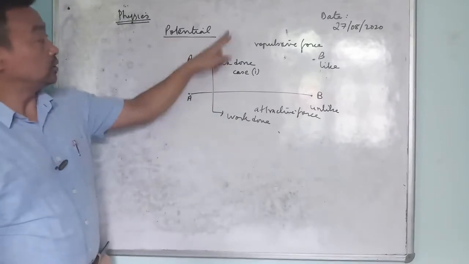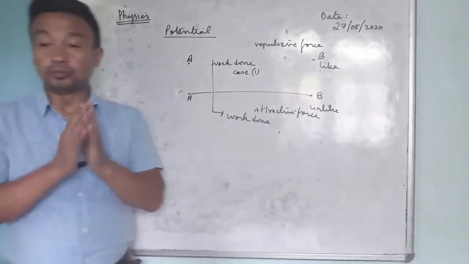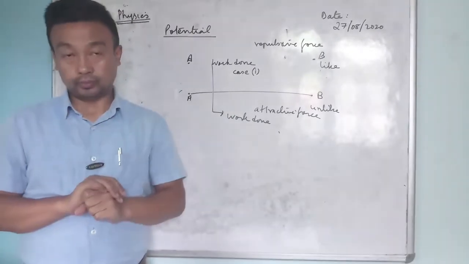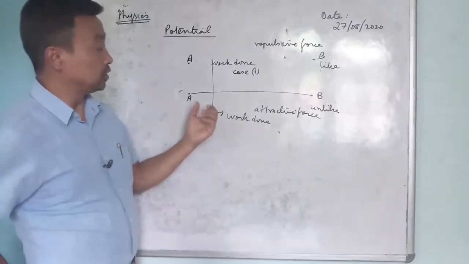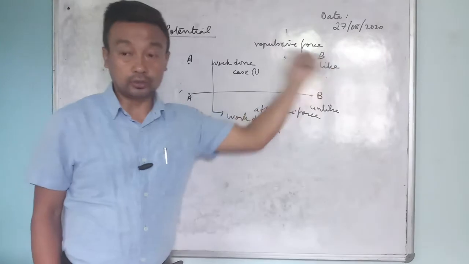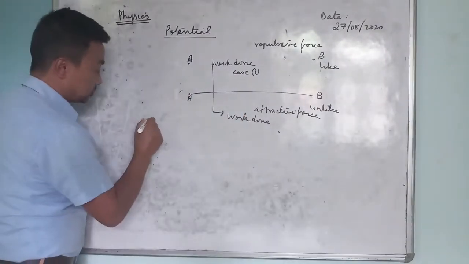So what we come to a conclusion here is that potential is measured in terms of the work done in moving a charge from one region to another region. So now we can define the potential like this.